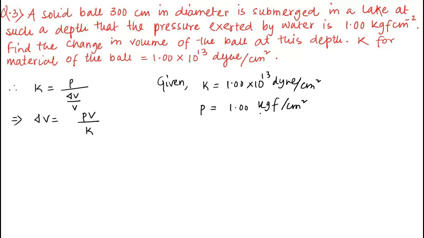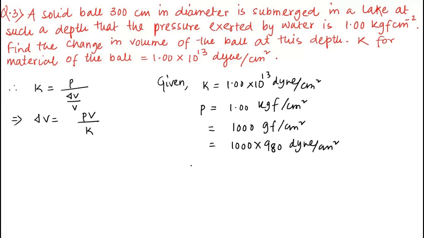Now see here, we have to convert that kgf per centimeter square into dyne per centimeter square because all the data are in CGS. So first from kgf to gram, so it would be 1000 gram f per centimeter square, and from here it would be 1000 into 980 dyne per centimeter square.